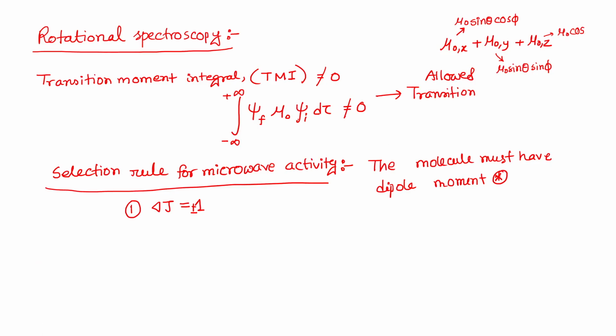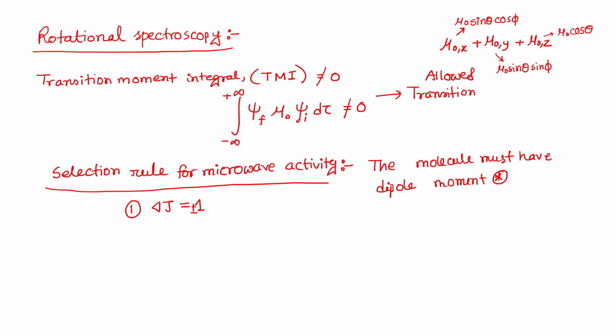Now what you do is you take a triple product of your initial state, your dipole moment, in whichever direction you want to see if it is polarized in that direction or not, and the wave function of your initial state. You can do a triple product using your symmetry rule.